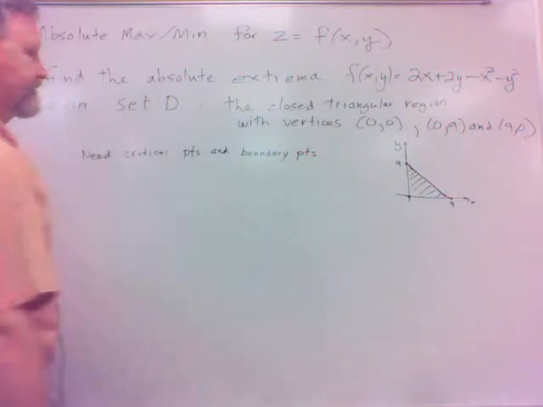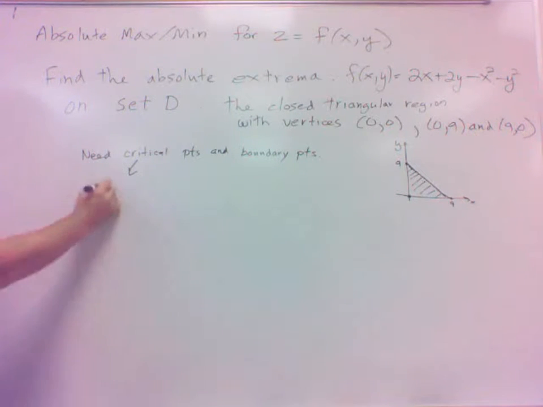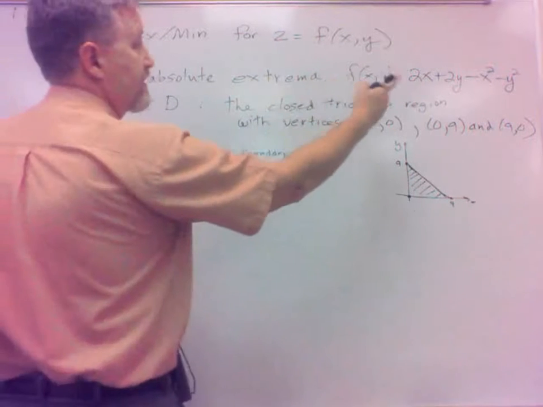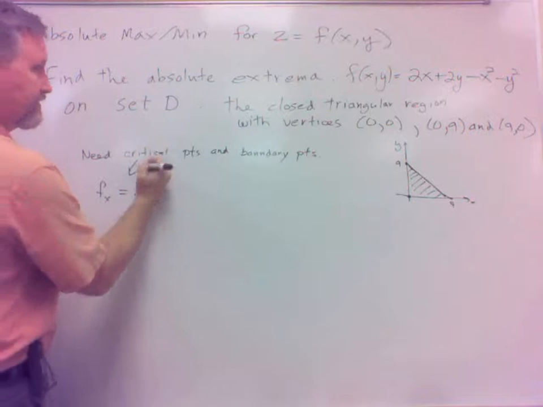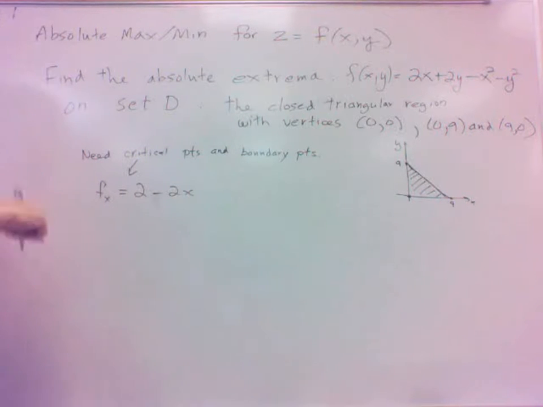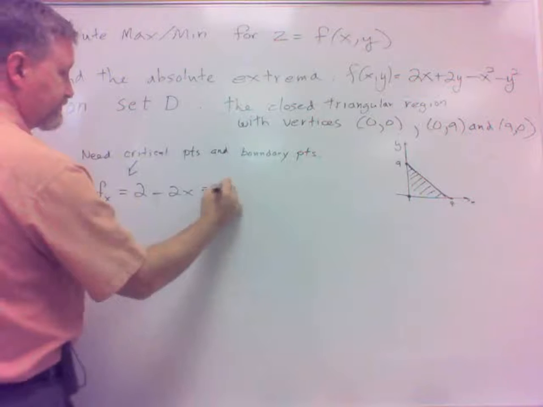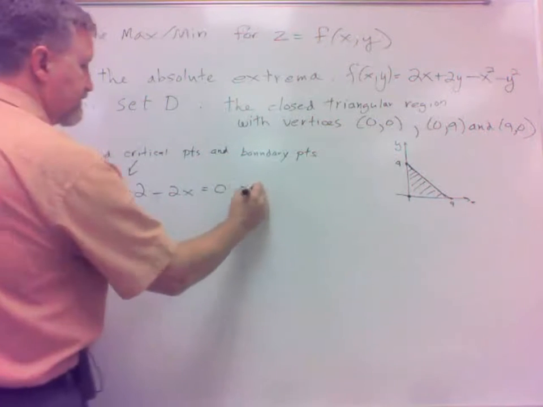So let's, first of all, get the critical points. Find the critical points with partial derivatives. So the partial with respect to x is going to look very similar in both of these: 2 minus 2x. We set that to 0 to find the critical point, and that would be x equals 1.